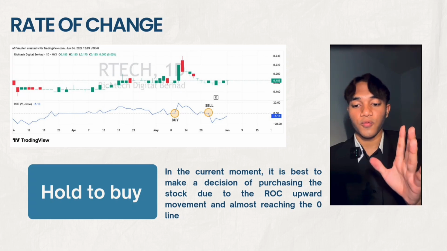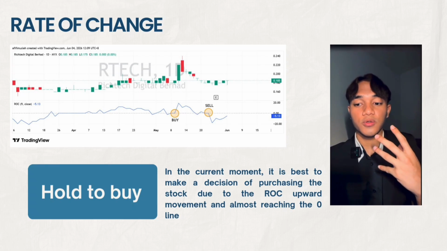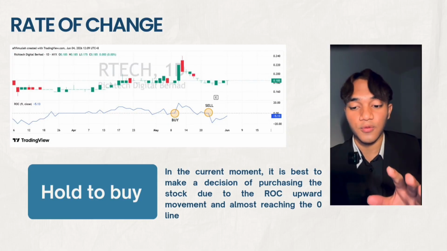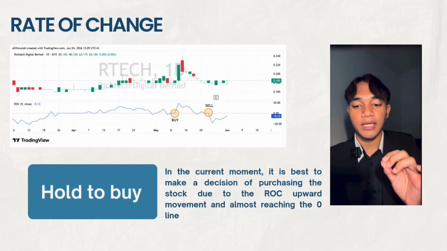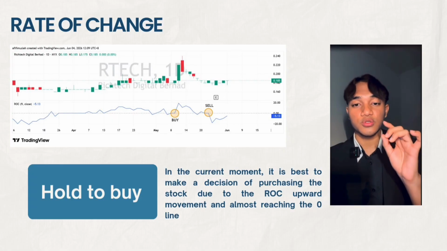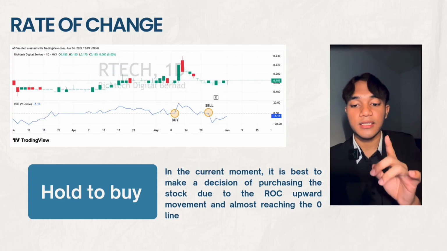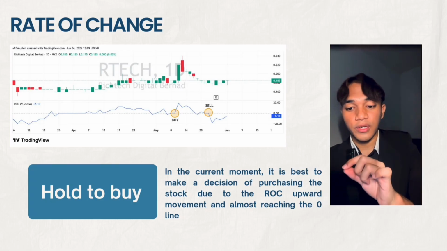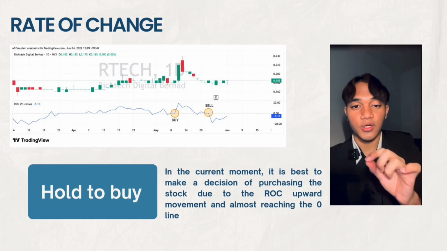And right now, we can see the current situation. If we want to invest or purchase the stock in the current situation right now, I would highly recommend to hold and wait until the blue line finally intercepts the black dotted line. Once the blue line intercepts the black dotted line, it is the perfect time to purchase the stock.